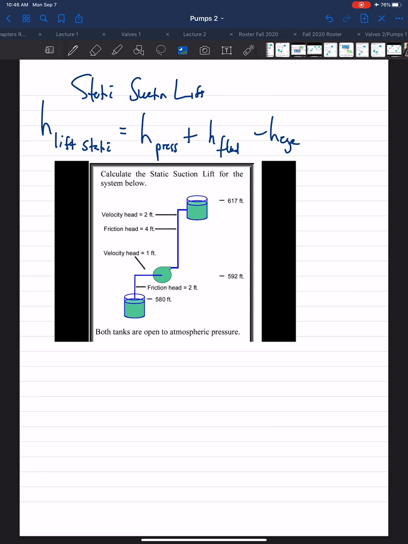Or 33.9 feet of water. Here we'll be working in feet when we're doing these head calculations, just for ease. So static suction lift, we're talking about this section of the problem, right? Lifting from the source to the pump.